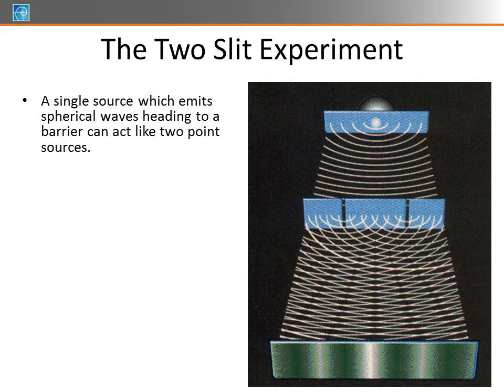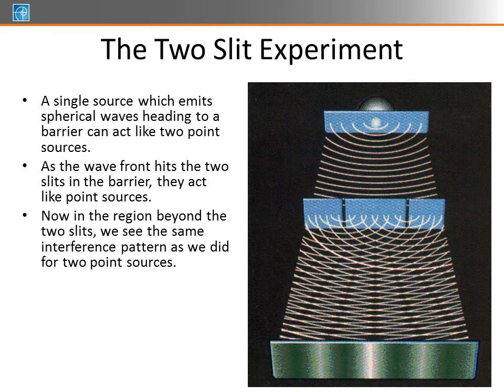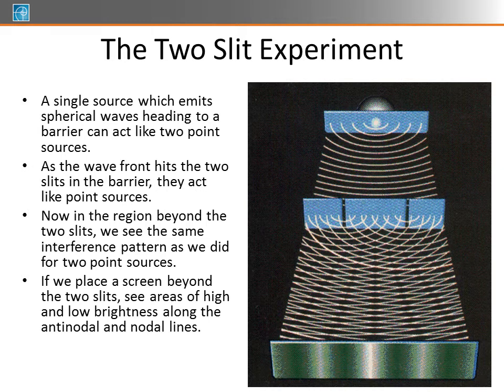Because they were created from the same source originally, they're going to have the same wavelength and the same phase, which means they're going to be coherent. If they're coherent, they can interfere. So we create the light, we send it through two slits, create two identical sources, and then we're going to see what happens on the screen in the background.